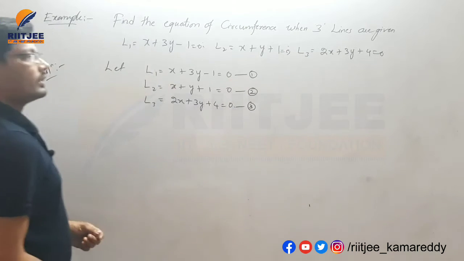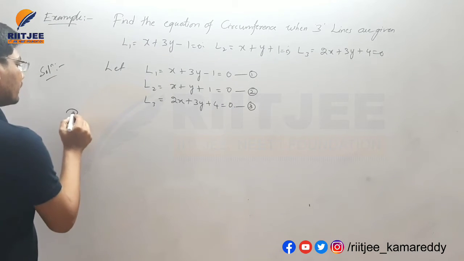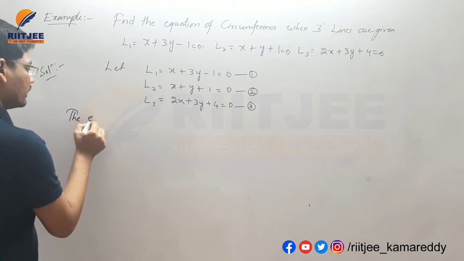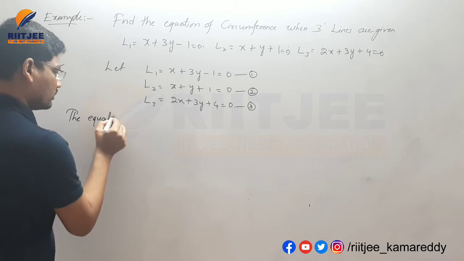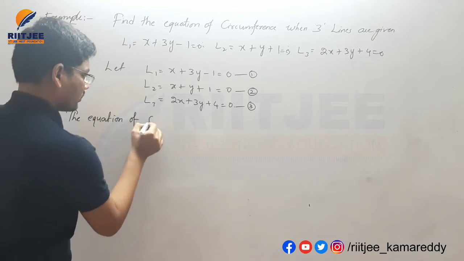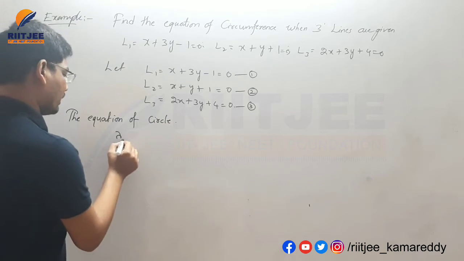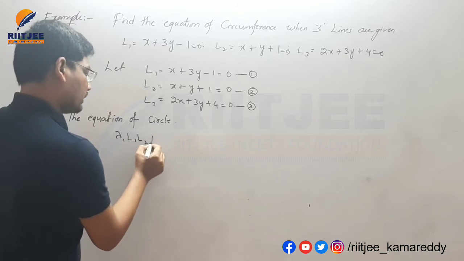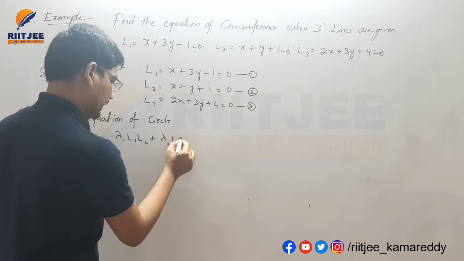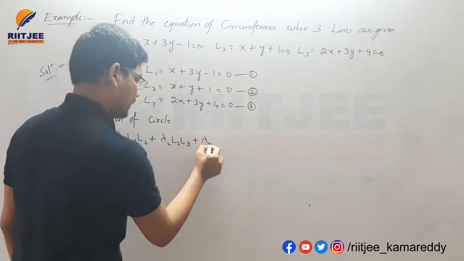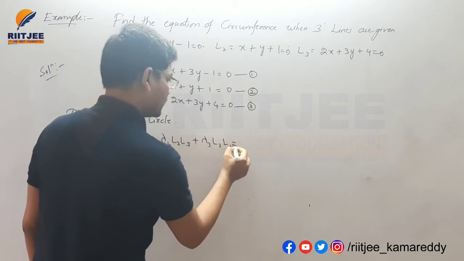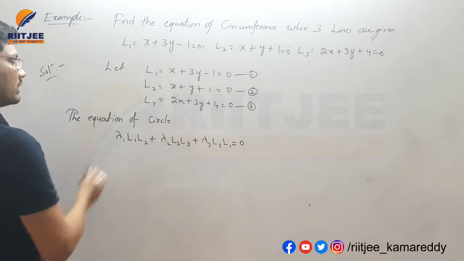The general equation of the circle is lambda 1 into L1 L2 plus lambda 2 into L2 L3 plus lambda 3 into L3 L1 is equal to 0. Let's substitute the values here.